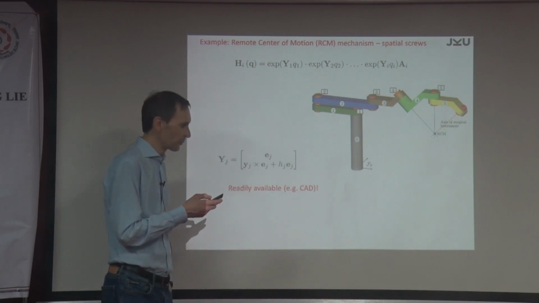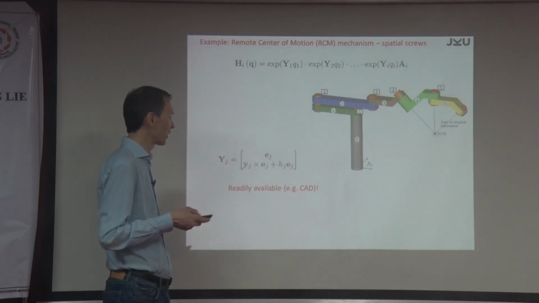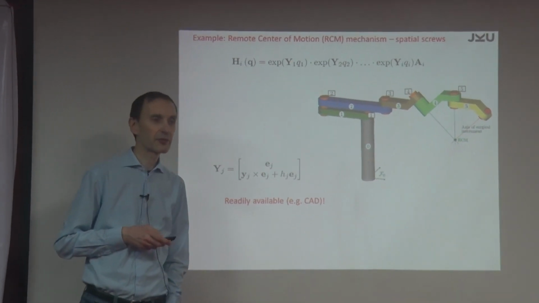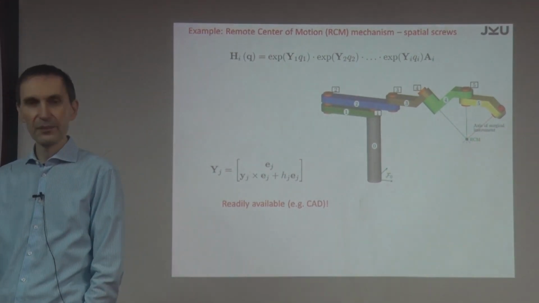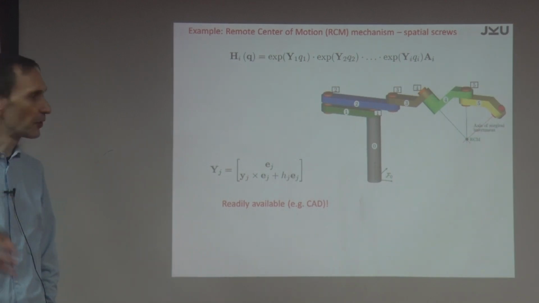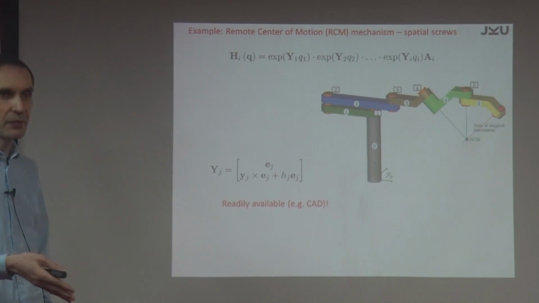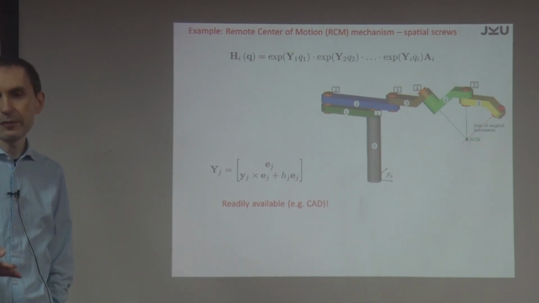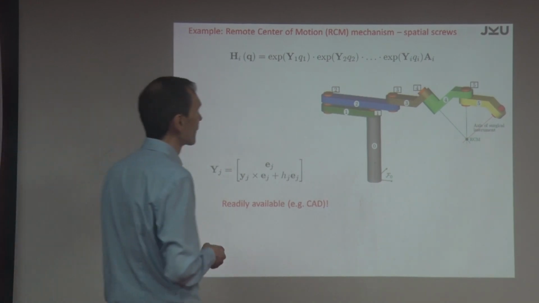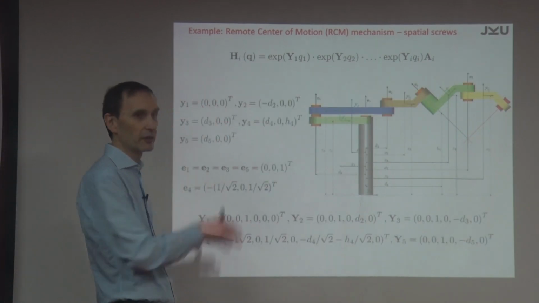So first of all, I keep stressing this: all this data that you need, you can easily get from a CAD drawing or from whatever data. And CAD drawings and geometric constructions are much more readily available than GH parameters, right? Let's see how this goes. This is how it goes.